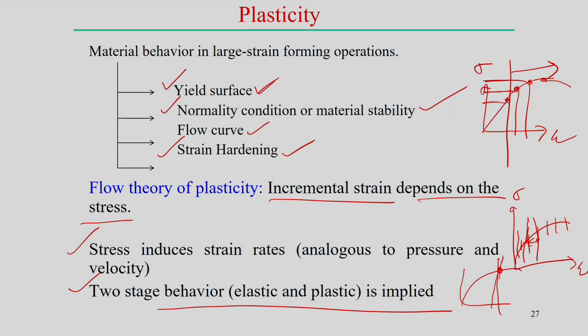So, that is why we can represent the material behavior as either elastoplastic material, or perfectly plastic material, or perfectly elastic material, based on the stress strain diagram of a particular material.